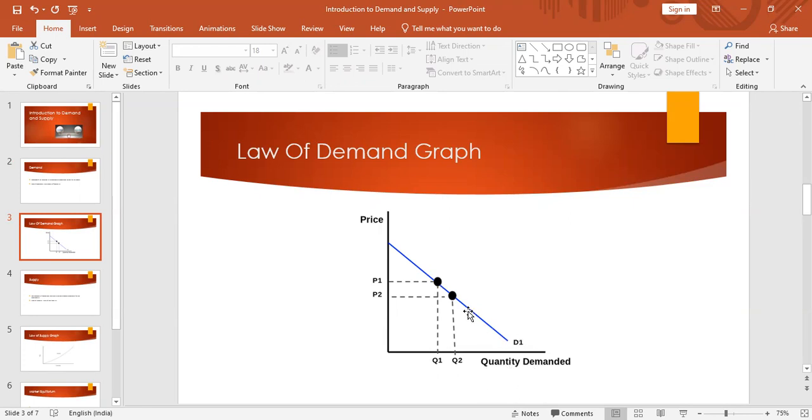The quantity will keep on decreasing because nobody will demand more quantity if the price is high, and vice versa. If the price is set low, from $10 to, suppose, $2 per pound, in that case the quantity demanded will increase. So it's vice versa.